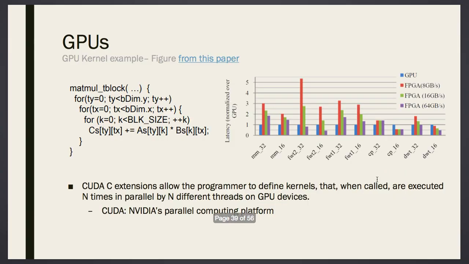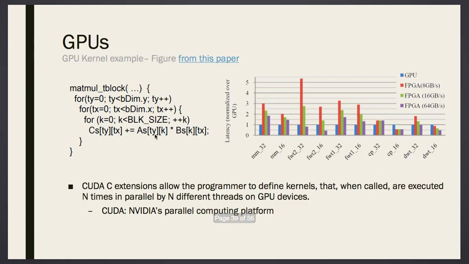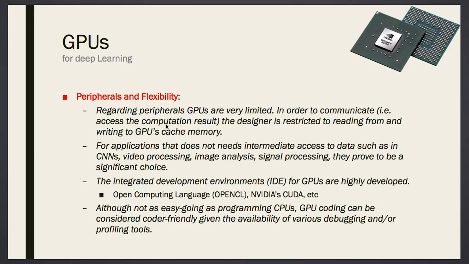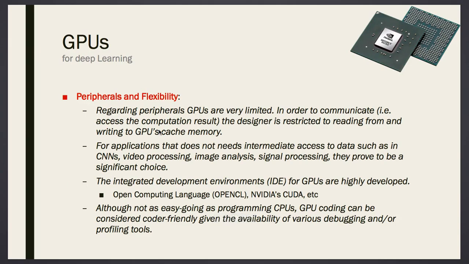So you have to know how the image is kept in this part of the cache so that you can put each of the indexes here properly. That's okay. But still, you're writing code like this because this is simple code. If you spend 5 seconds on the code, you will easily understand that this is a simple matrix multiplication code. So it's not as easygoing as CPUs, but it is still easygoing because, compared to, for example, FPGAs, GPUs are more friendly.